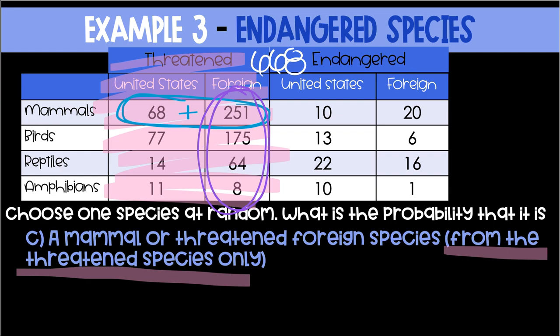When I add all of these up, 68 plus 251 plus 175 plus 64 plus 8, I get 566. That's what I want. What I can get is any of the 668 species. If I divide what I want by what I can get, I get 84.73%.